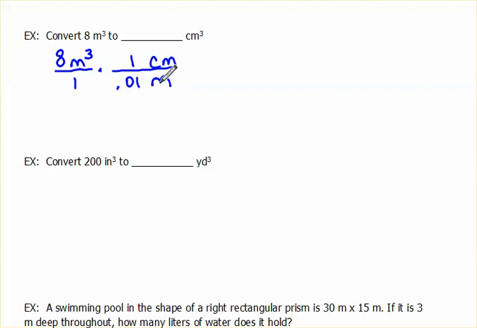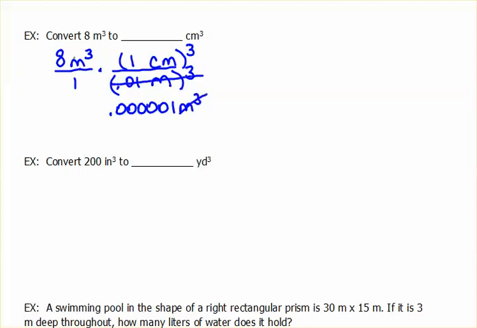But now we're not done, because these meters will not cancel with meters cubed. In order to do that, we're going to have to cube the top and cube the bottom. Well, 1 centimeter cubed is 1 cubic centimeter. But we also need to cube the bottom here. So 0.01 times 0.01 times 0.01 is actually 0.000001 cubic meter.